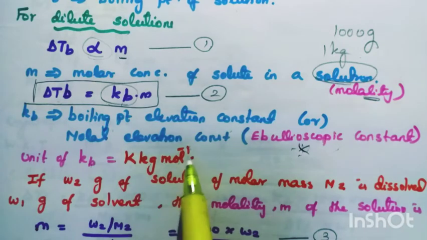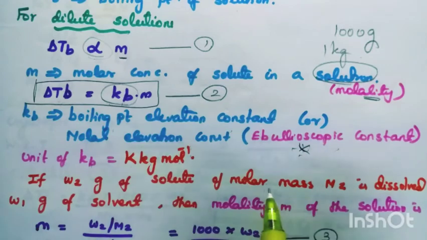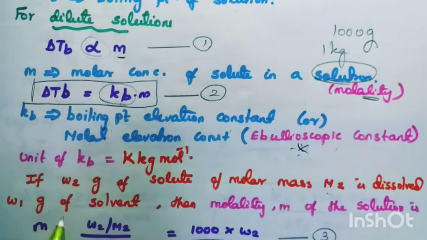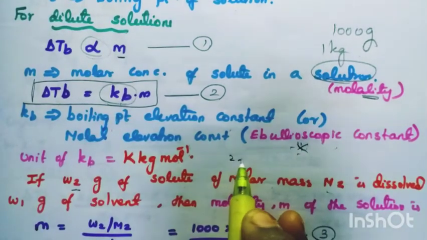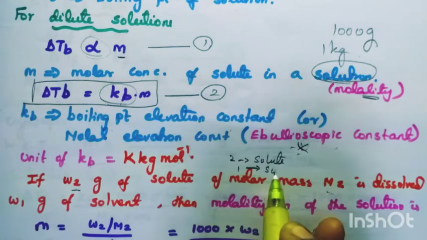Now, suppose W2 gram of solute of molar mass M2 is dissolved in W1 gram of solvent. Here 2 represents the solute and 1 represents the solvent.